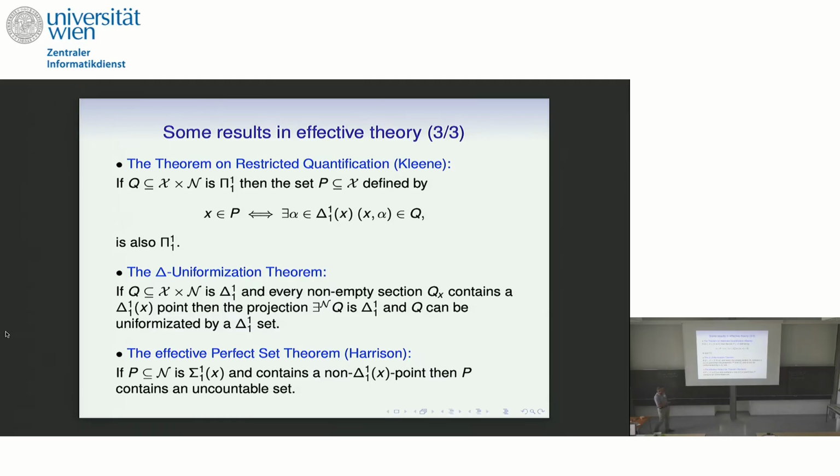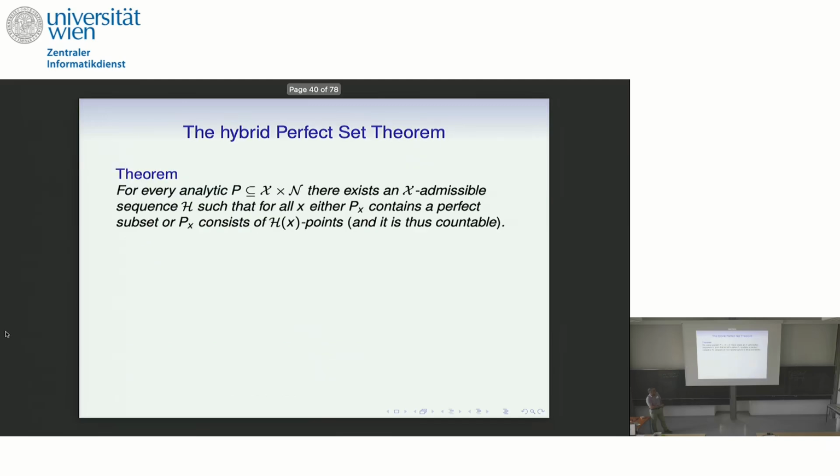Let's rephrase this as a hybrid version. For every analytic P subset of X times Baire space, there exists an x-admissible sequence such that for all x, either P of x contains a perfect subset or P_x consists of hx points, that is, delta 1,1 x points. I'm going to prove this to you classically.